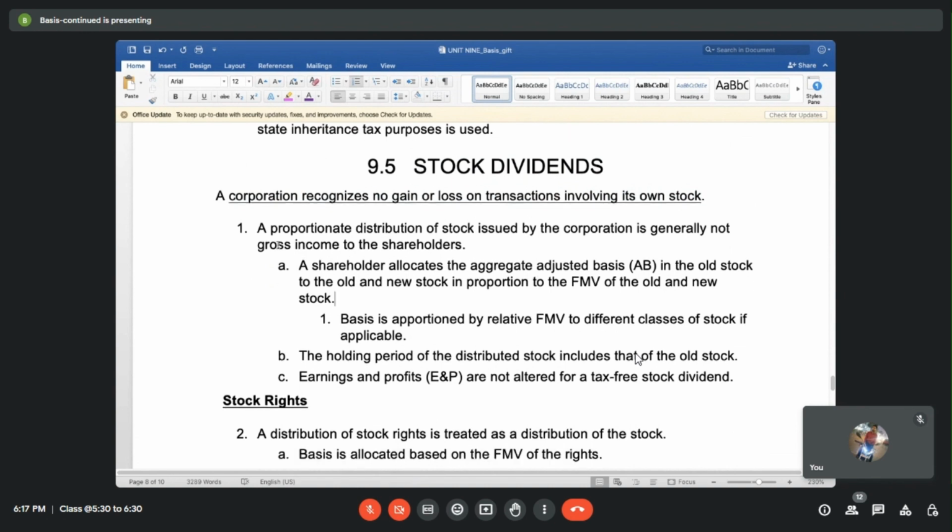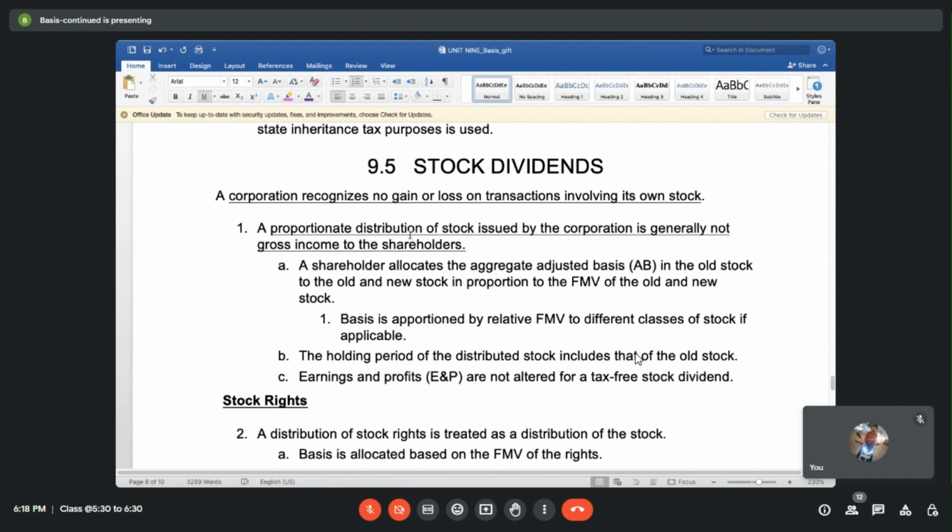So proportionate distribution of stock issued by the corporation is generally not gross income to the shareholders. Any proportionate distribution, if there are 100 shareholders, all shareholders get the same kind of stock, so their percentage of holding in the company stays the same. It's not like one person has increased shareholding, one person has diluted their share, right?